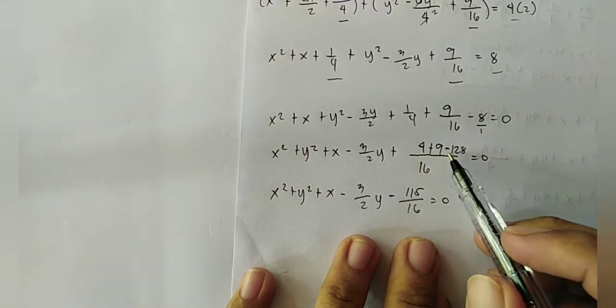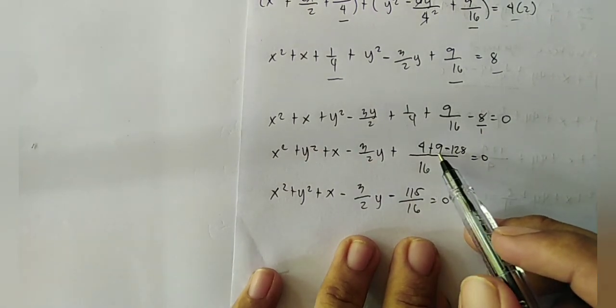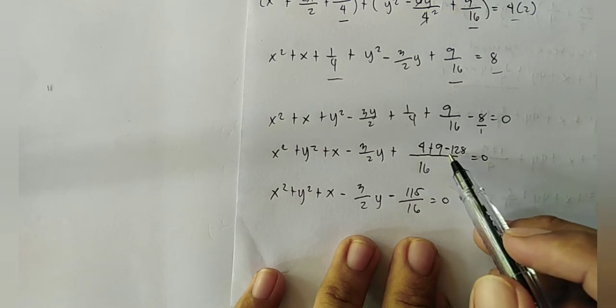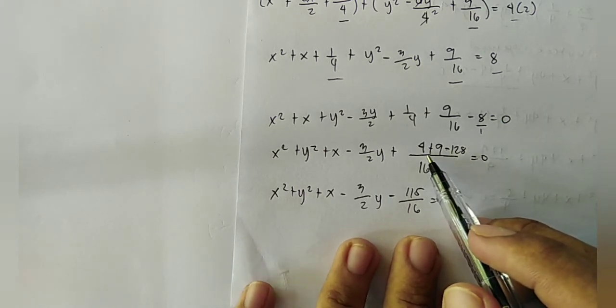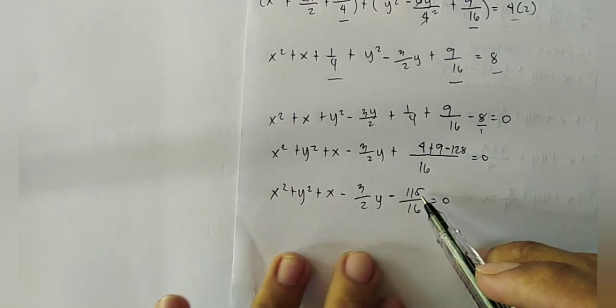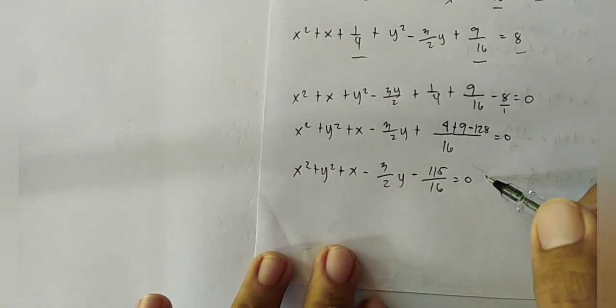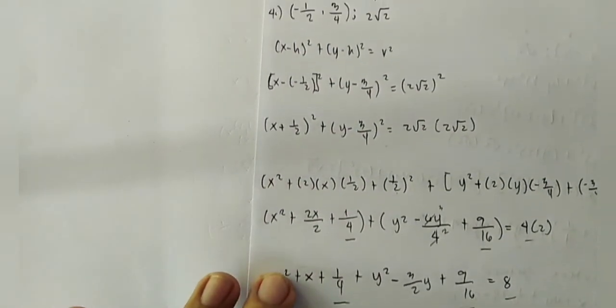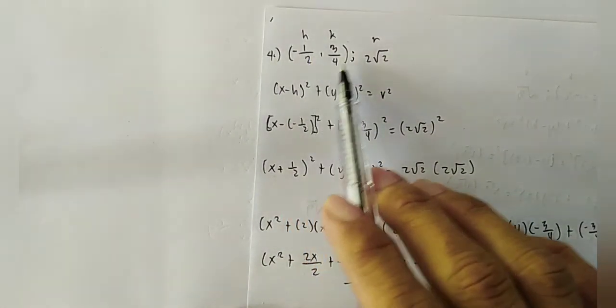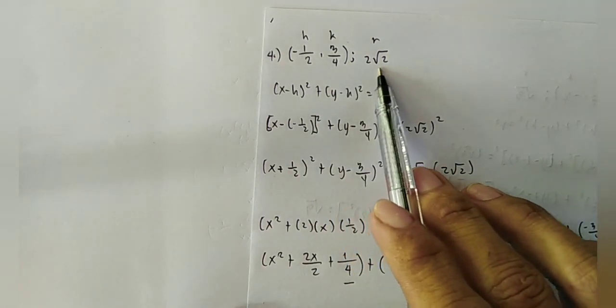Since negative 128 is greater than 13, so subtract 13 from negative 128. So negative 128 plus 13, you will get negative 115. So this is now the general form of the equation of the circle whose center is at point negative 1/2, 3/4 and radius of 2 square root of 2.